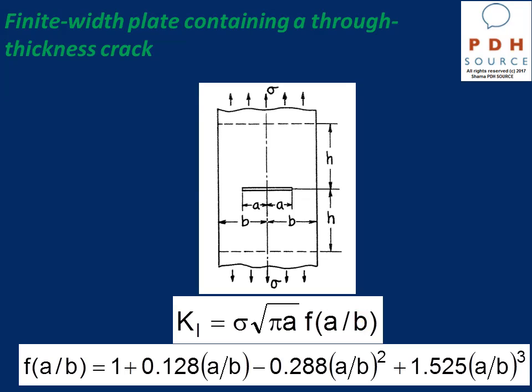A here is the length of the crack, and b can be representing the width of the plate. It's basically 2a divided by 2b, so a over b.